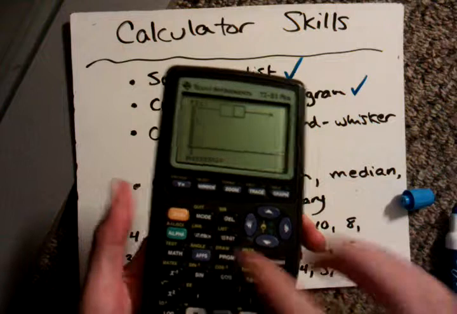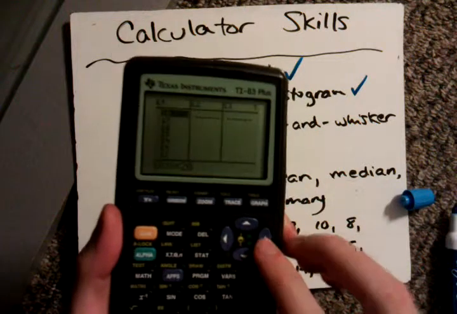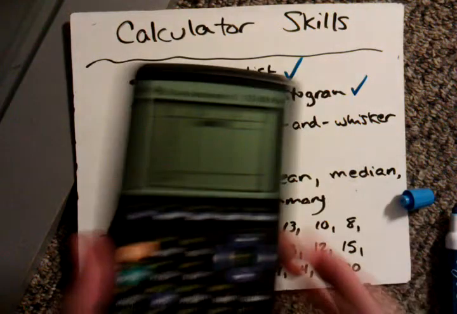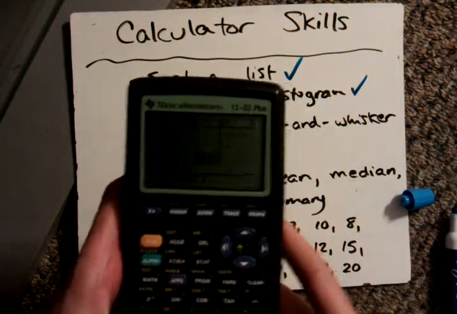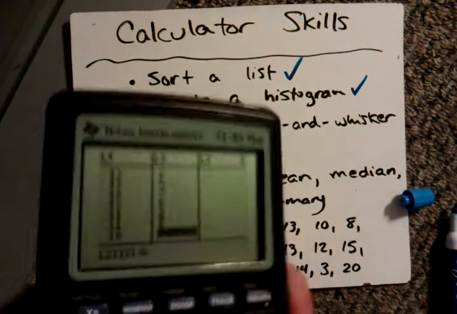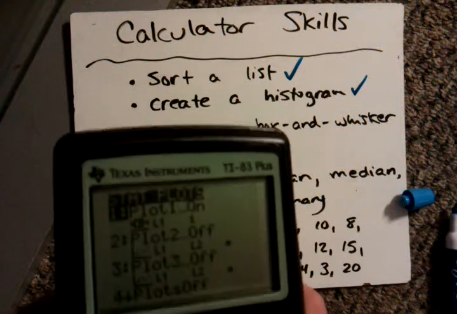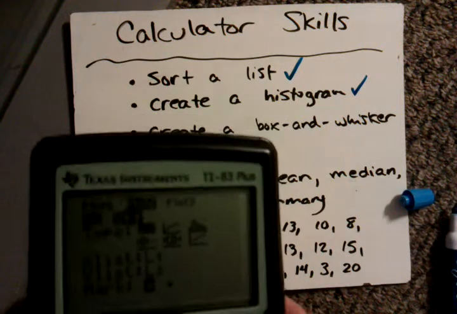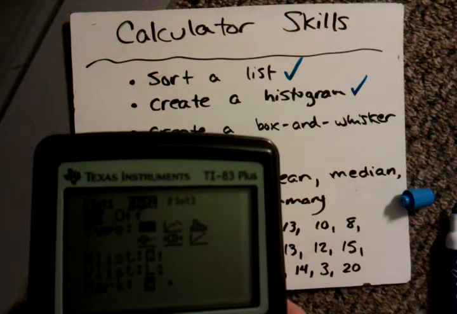Let's say you had another set of data. If we go back to stat and edit, if you had another set of data in L2 that you want to be looking at also, I'll just type in a couple random numbers. And maybe you wanted to compare their box plots. What you can do is go back to stat plot, turn on plot 2, and select the box plot for it also.